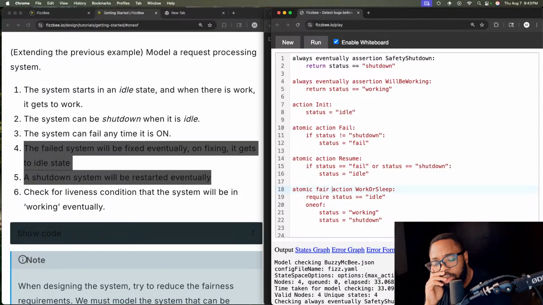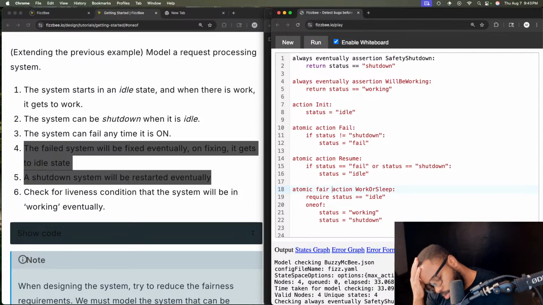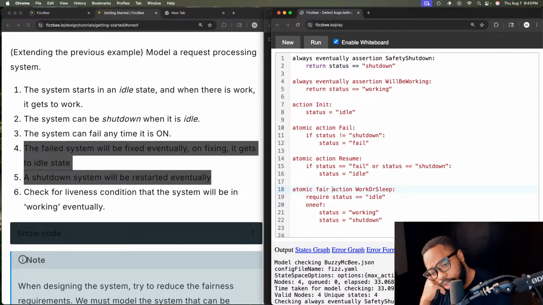But wouldn't that mean that, yeah, actually I'm not so sure that I understand that part. So by adding the fairness here, I'm saying that I want this action to be enabled without any toggling between enabled and disabled.